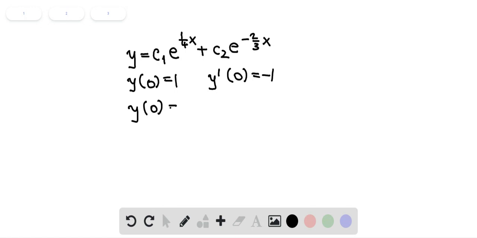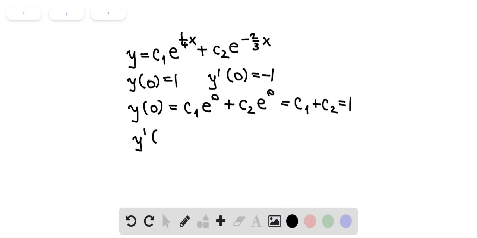y of 0 equals c1 e to 0 plus c2 e to 0. Any number to 0 is 1, so this gives us c1 plus c2, and it equals 1.